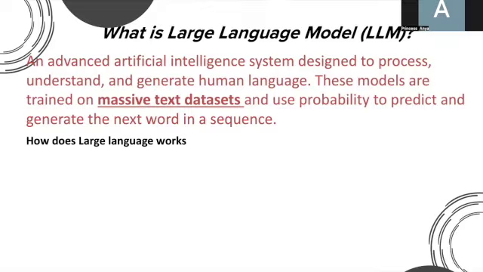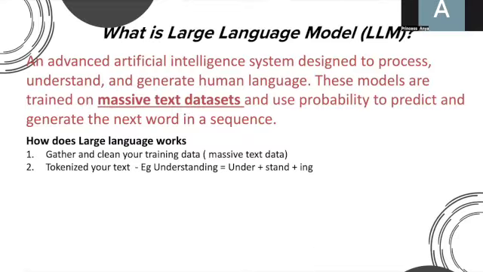How large language models work is, first, you have to gather and clean your training data. The second thing is to tokenize your text. This is a process where text is broken into chunks, and each chunk is called a token.